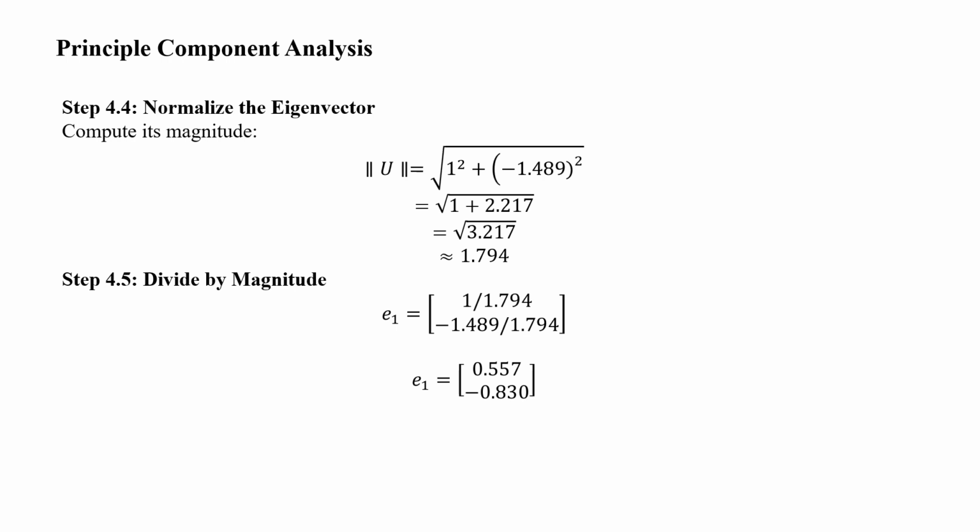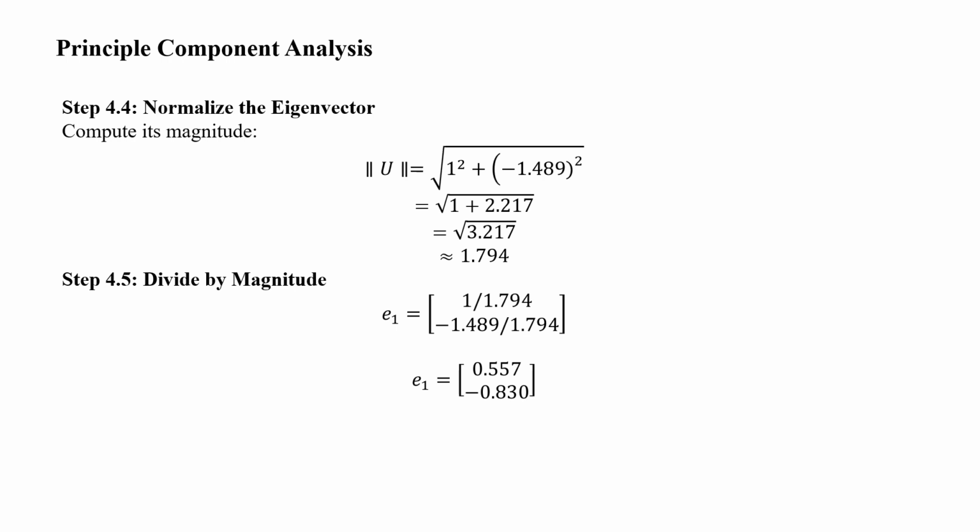The magnitude of u is calculated as the square root of 1 squared plus negative 1.489 squared. This becomes the square root of 1 plus 2.217. So we get 1.794.